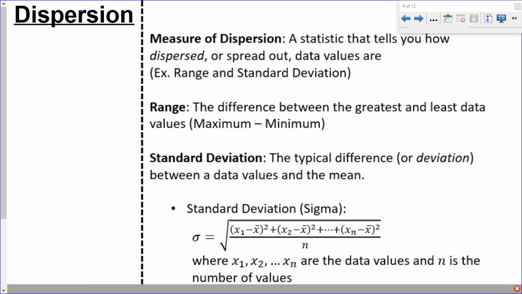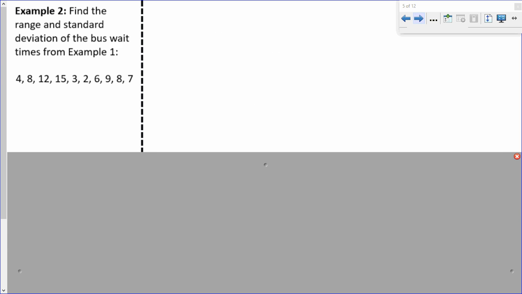Those of you that don't have a graphing calculator, because the graphing calculator actually tells you this, will have to do this by hand. And n is the number of values. So standard deviation and range give you your dispersion, or how spread out the data is.